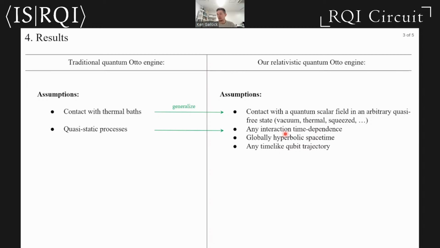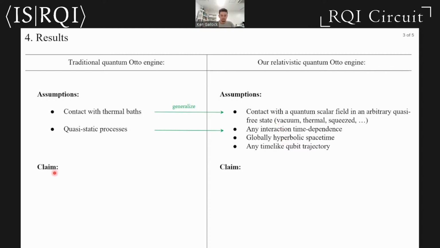So the time dependence of the coupling is arbitrary. And also, because we are considering quantum field theory, we are looking at a globally hyperbolic space-time and the trajectory of the qubit being any time-like trajectory. And then we can compare the results.